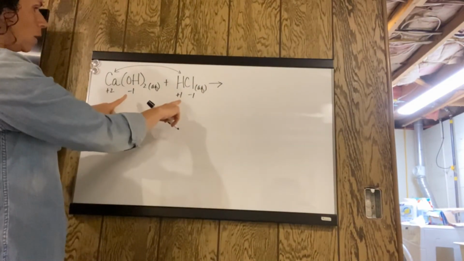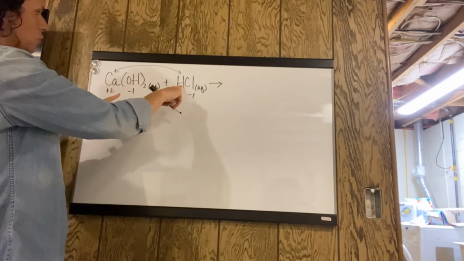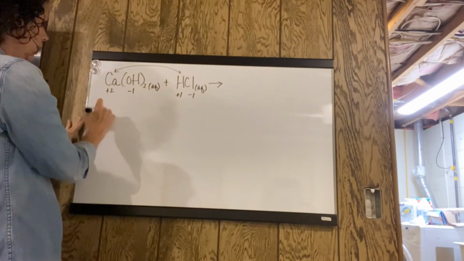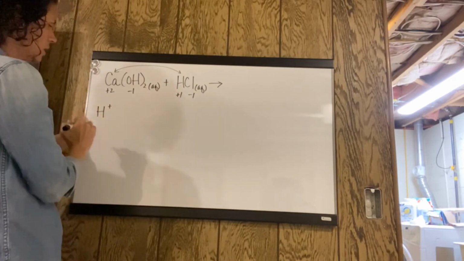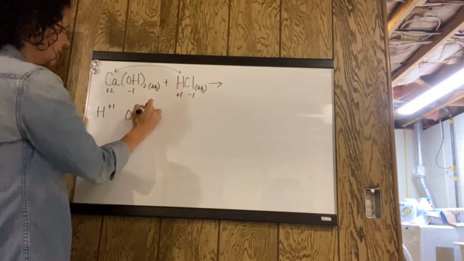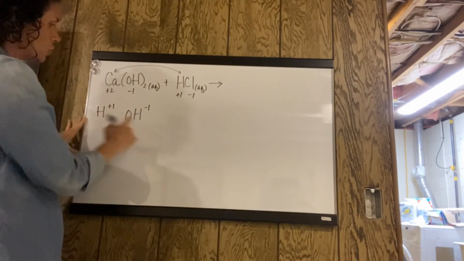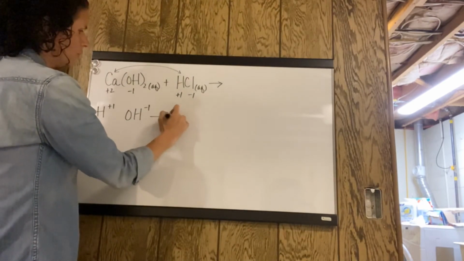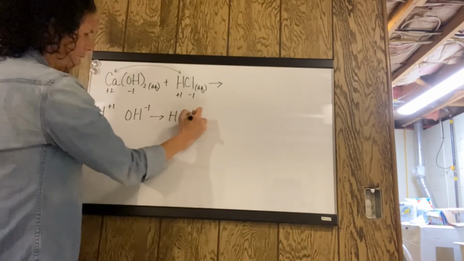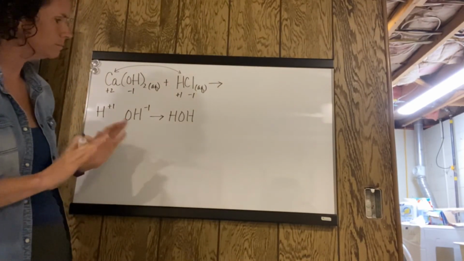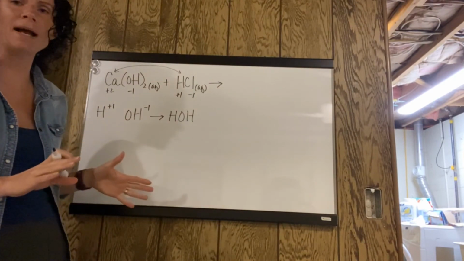Okay, so now I'm going to switch my cations. So my hydrogen is going to come over here and bond with my hydroxide. So hydrogen is a +1 and hydroxide is a -1. So we just need 1 of each, and that's going to give you HOH. Now, you might take a look at this and say 2 hydrogens and an oxygen.